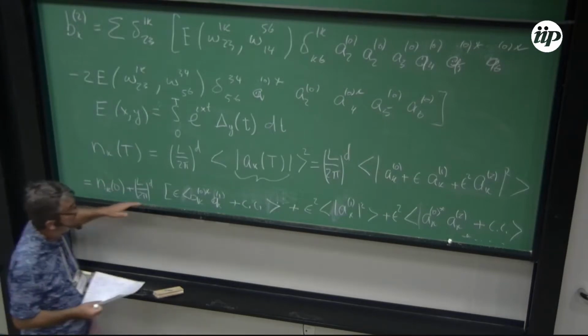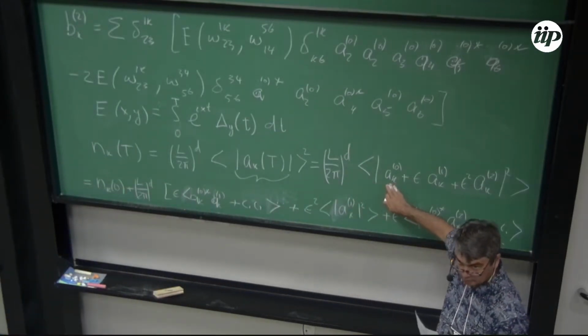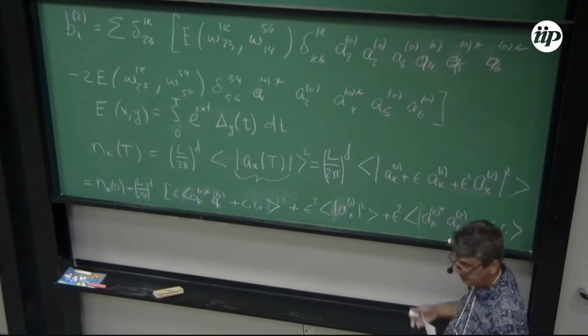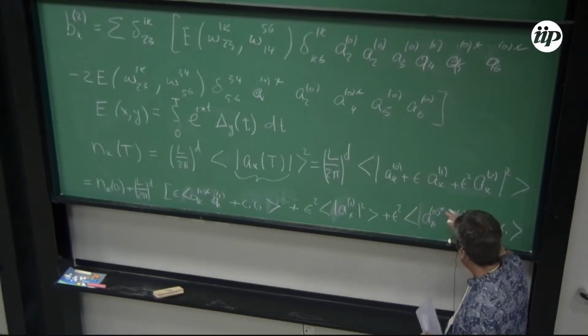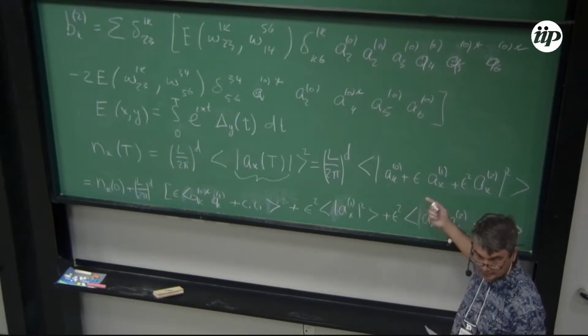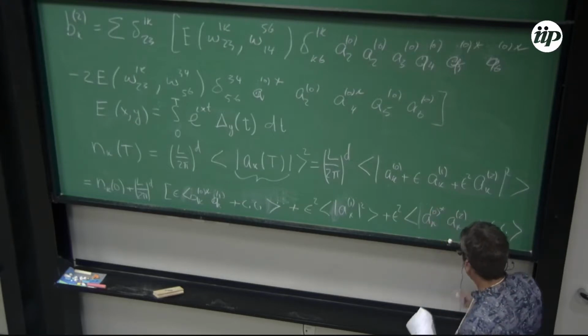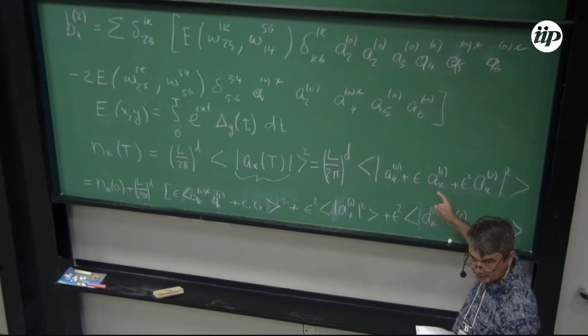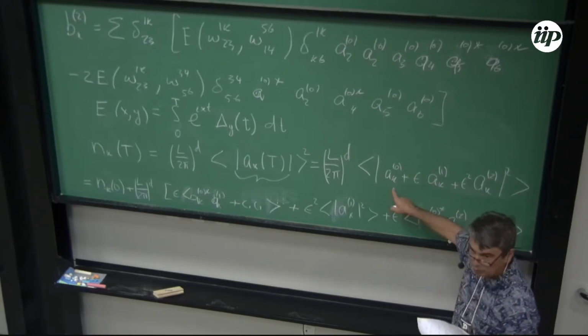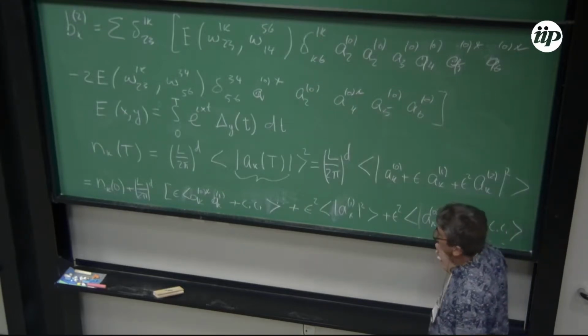So N0 comes from mod square of A0, right? Okay, it's just the initial spectrum. So the first order term is a cross product of this and that, plus its complex conjugate, right? And the second order terms, respectively, that one mod squared and this one cross with that complex conjugate term.